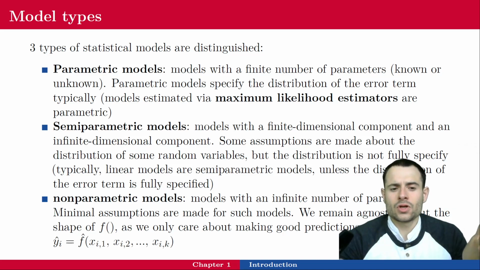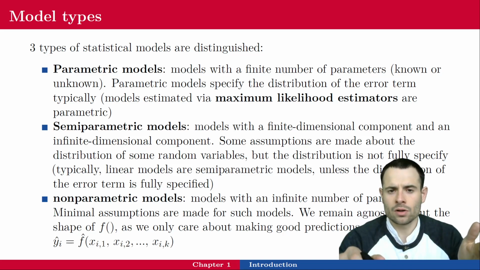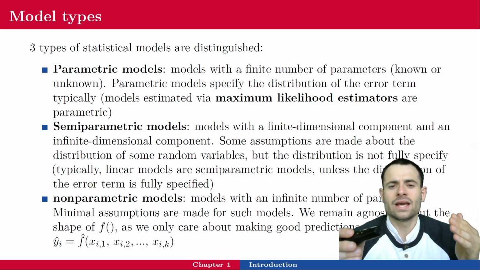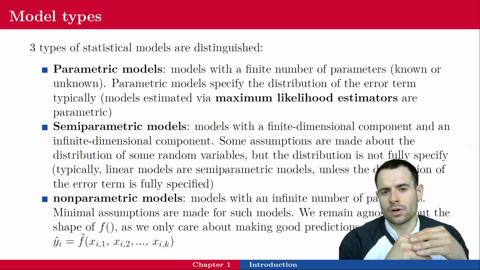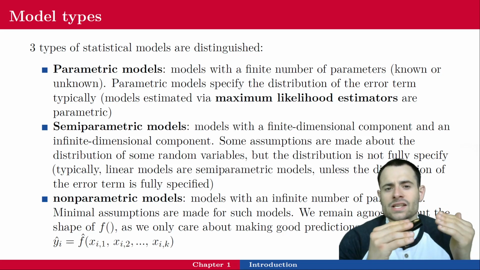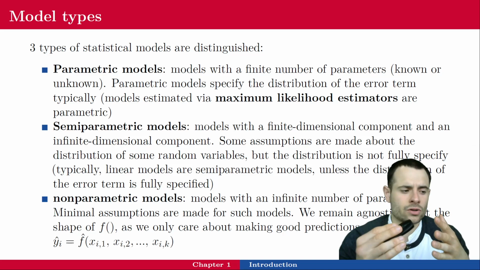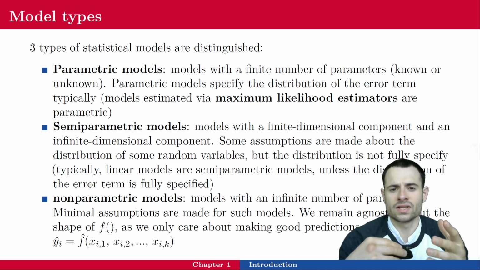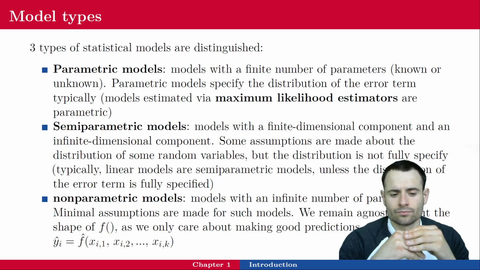So, parametric models make more assumptions than semi-parametric models, which in turn make more assumptions than non-parametric models. Assumptions come with an advantage, but they also come at a cost, and I will go over this today and in the next 2 lectures.